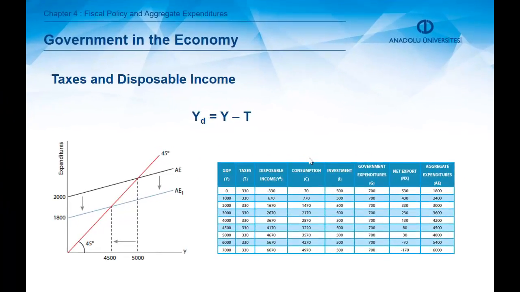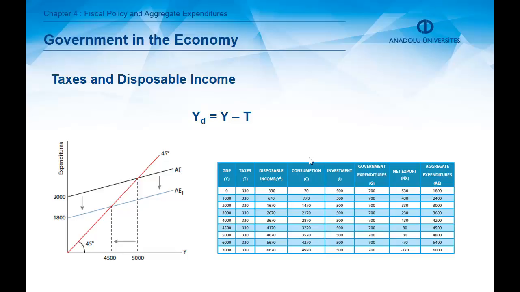For the first one, we need to see the relationship between the taxes and disposable income. Disposable income means the difference between the income and taxes. So after the taxes, we have the net income. This income is called the disposable income.